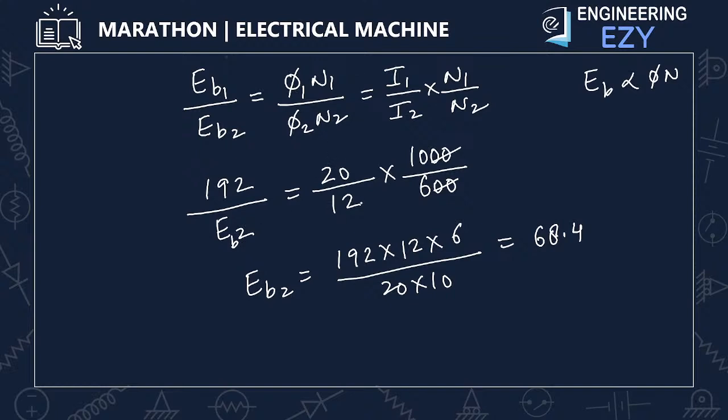I1 upon I2, 20 upon 12 into 1000 upon 600. I am just again calculating 192 into 12 into 6 divided by 200. 69.1. Okay, so there is a little bit of mistake. It is 69.12 volt.